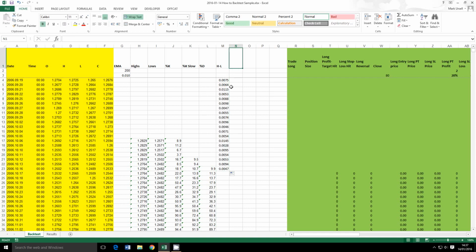Now the normal range would be considered the high minus the low of that bar, but the true range actually looks at the fact that there can be gaps between bars.